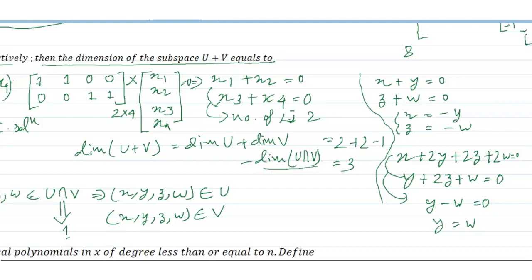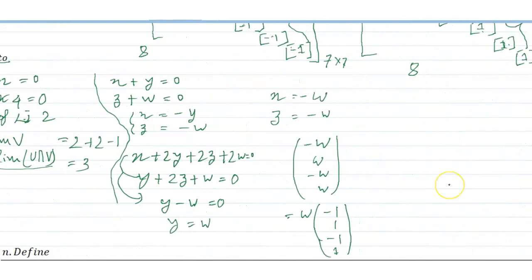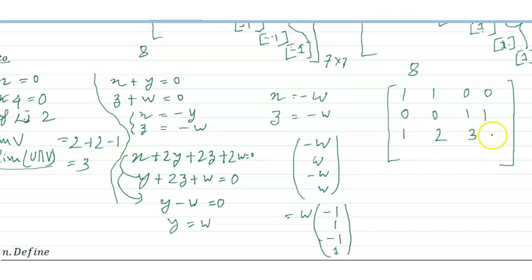The dimension of the intersection. Another way is that you will just write a matrix and find out the free variables. So what is my matrix? Matrix is 1 1 0 0, 0 0 1 1, and 1 2 3 2, 1 2 1 0 1 2 1.